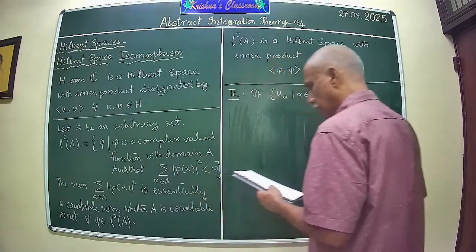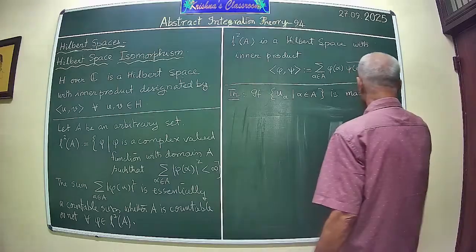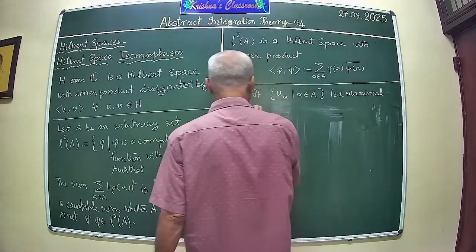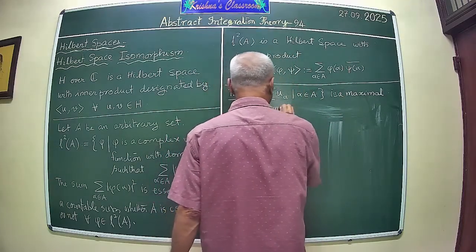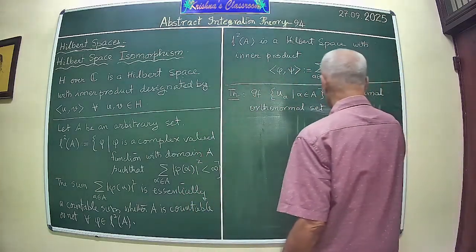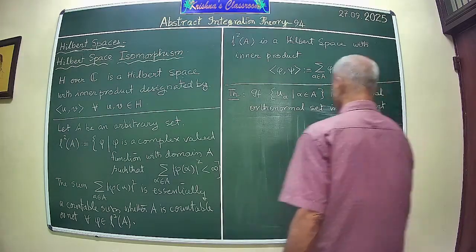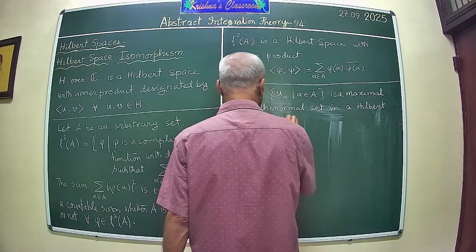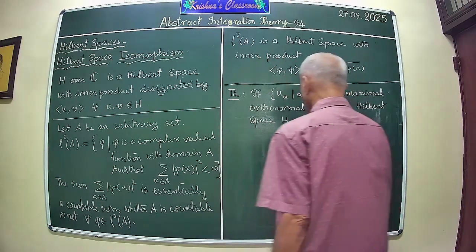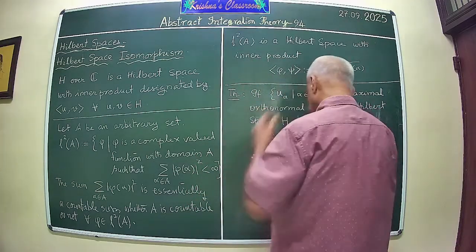So this is what we have already: u alpha, for alpha belonging to A, is a maximal orthonormal set in a Hilbert space H, and x hat alpha is equal to the inner product of x with u alpha.